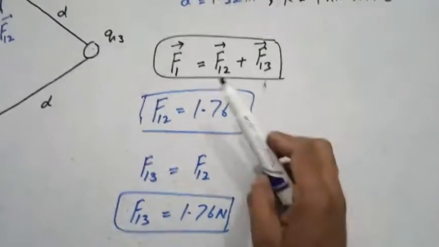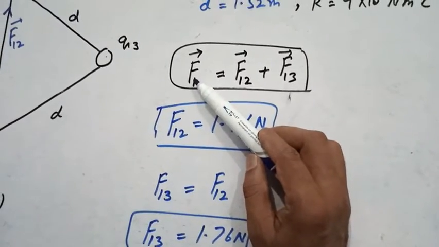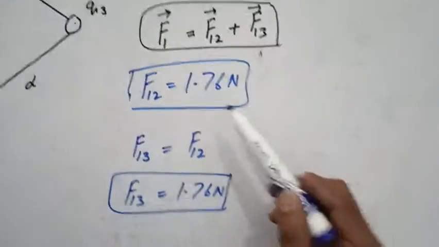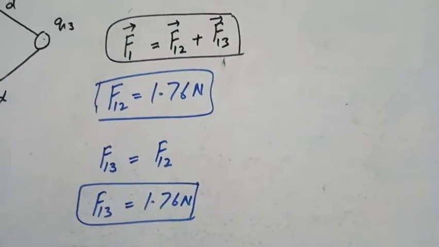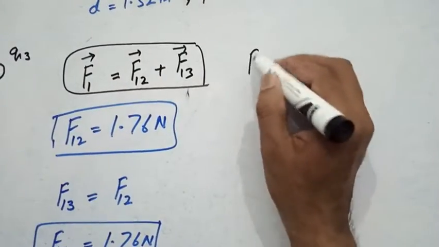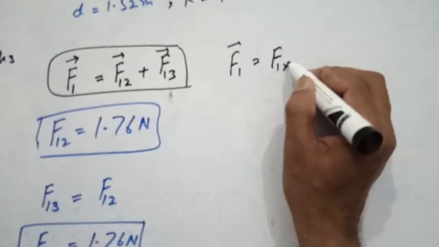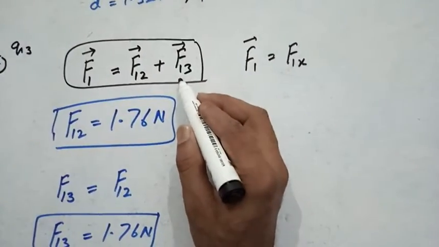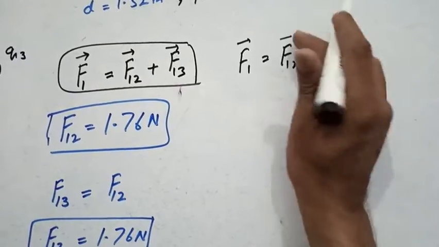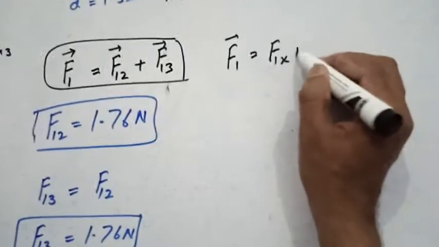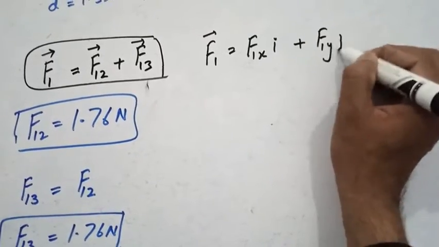So to calculate the magnitude of force F1, I can use this method: in components form, I can write the force F1 as F1 = F1x i hat + F1y j hat.